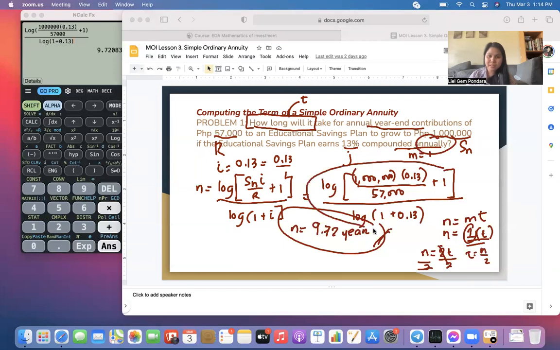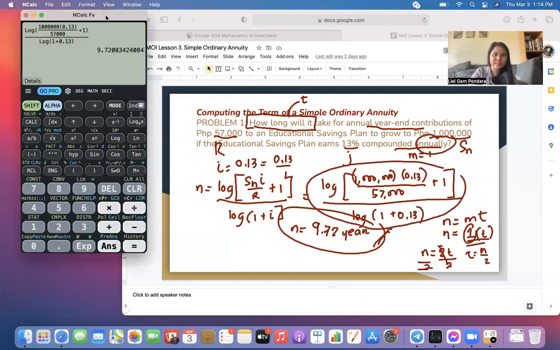This one, right? Let me show you the calculator here. Can you see it? I just encoded it all. That's log of 1 million times 0.13 over 57,000 plus 1, over log of 1 plus 0.13.